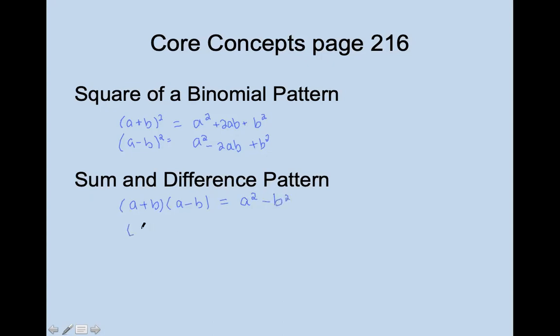So if I had something, and I think they have an example in your book, x plus 3 times x minus 3, the quick way to do that is first term squared, x squared, last term squared, 9. What's the sign? Minus. Notice whenever you multiply these, you're always going to get a negative because a positive times a negative is a negative.